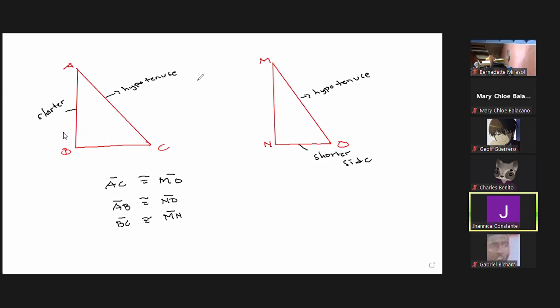So, given that we have identified the corresponding parts, let's say the measurements of the triangles that we have. Let's say side AB measures 10 centimeters. Side NO measures 3 centimeters.